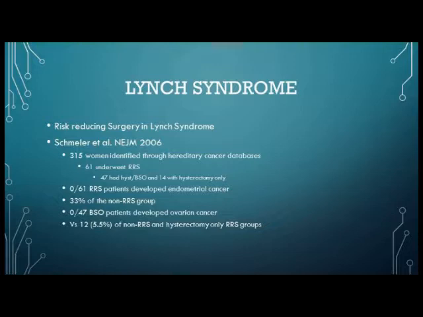In the people who had the BSO with their hysterectomy, no one developed ovarian cancer, versus 5.5% if we left the tubes and ovaries in for either group. And nothing on anyone getting primary peritoneal after this.